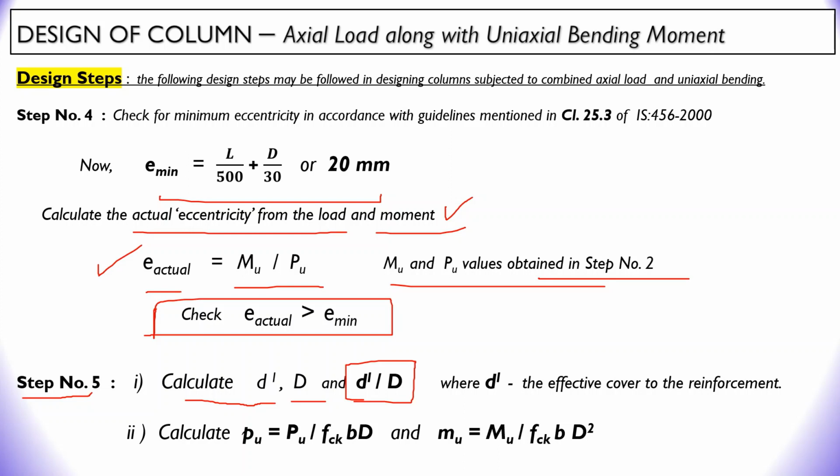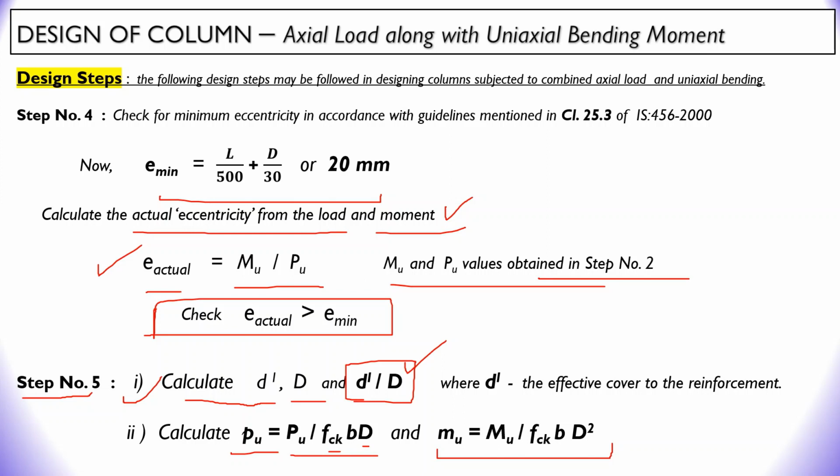After this, we have to calculate small pu, that is given by this formula, ultimate factored load divided by FCK, B and D, where B is the width of the section and D is the depth of the section. Similarly, by using this formula, we have to work out small mu. Small pu and small mu are the two parameters which we have to take into consideration, and the third parameter is D dash by D. Based on the information available, we can go through SP16 to get other information.